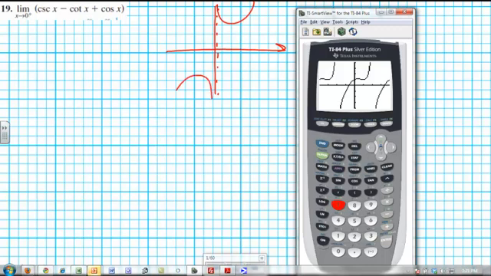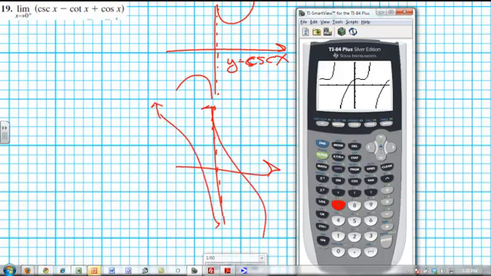So it looks like from the positive side, cosecant x goes to infinity. When I think about cotangent, I believe it's also undefined at 0 and has behavior that looks kind of like this.